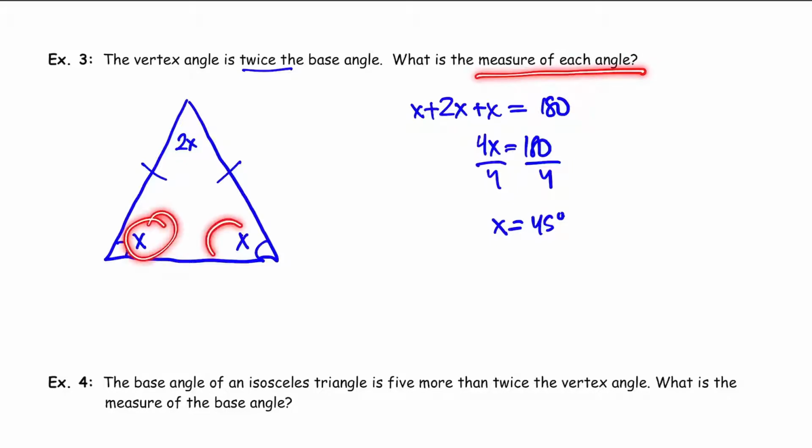So these two are going to be 45. That's going to be 2 times 45, or 90. So that's 45 here. That's 45 there. 2 times 45 is 90. So this is actually a right isosceles triangle. I know it doesn't look like it because I didn't know what it looked like before I started. But because that's a 90-degree angle, if they asked me to classify it, I would say it's right isosceles.